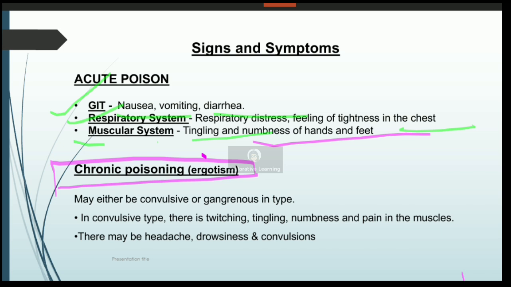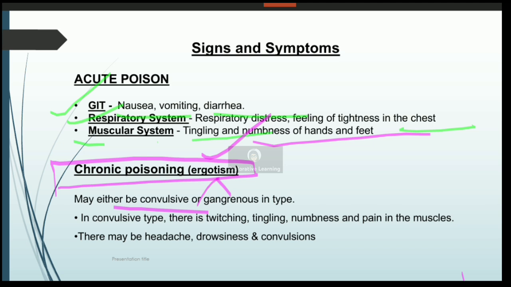They might have been consuming something that is contaminated by this fungi for a long period of time. It can either be convulsive or gangrenous. These are the two types of chronic poisoning in a case of ergot fungi.